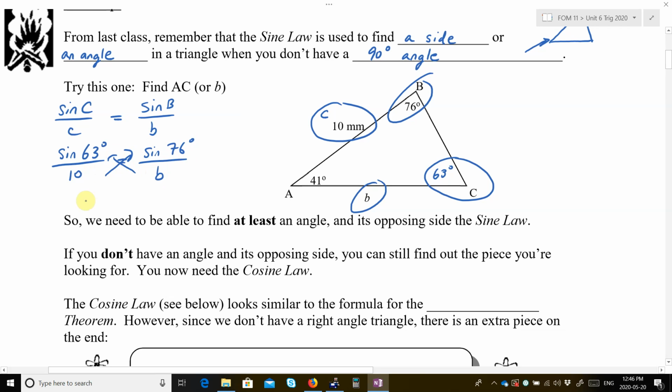Okay, and then cross multiply, and we get B sine 63 degrees equals 10 sine 76. And to get B by itself, now divide both sides by sine 63.